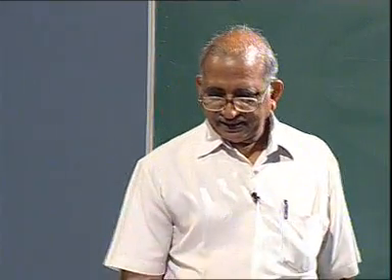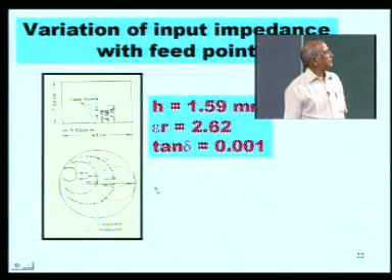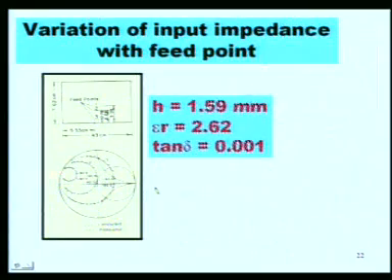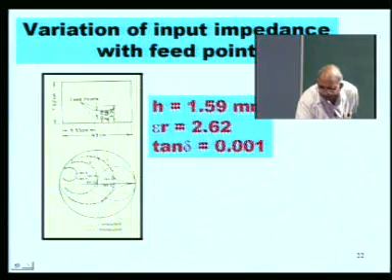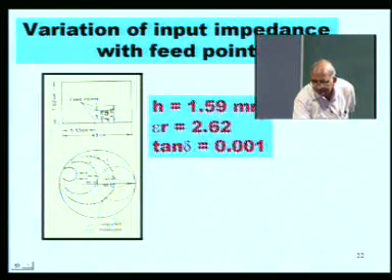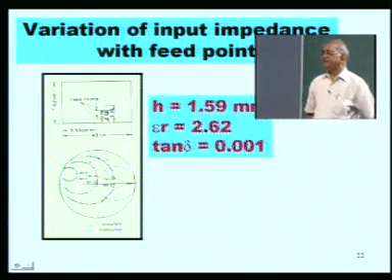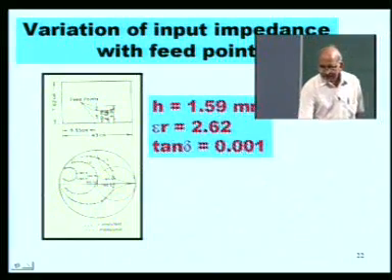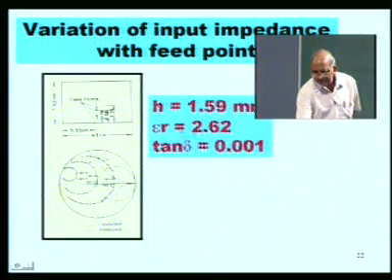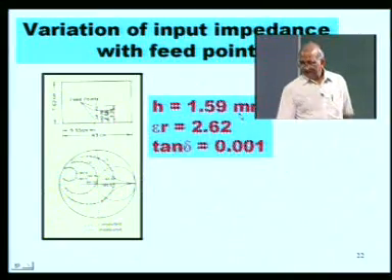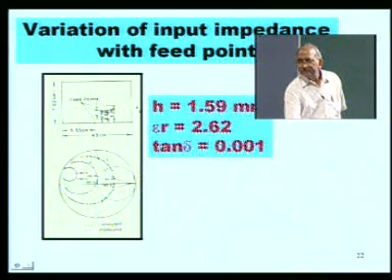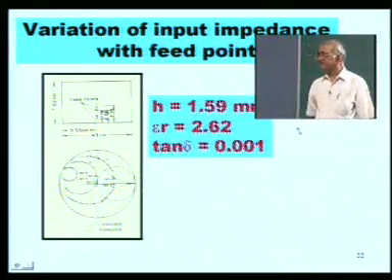These are the typical characteristics. You can see over here that this is a rectangular patch with some particular dimension where the substrate thickness is 1.59 millimeter, meaning 1/16 inch. Epsilon r, the substrate dielectric constant, is 2.62 and tan delta of the substrate is 0.001.